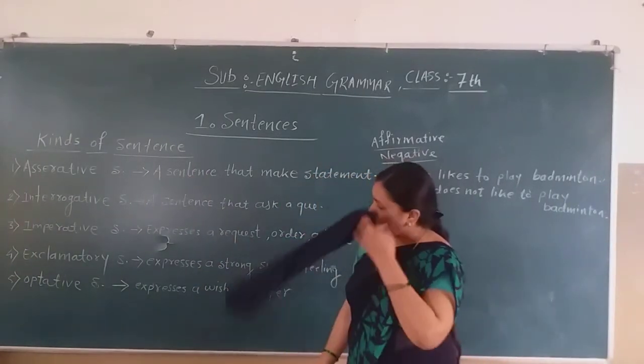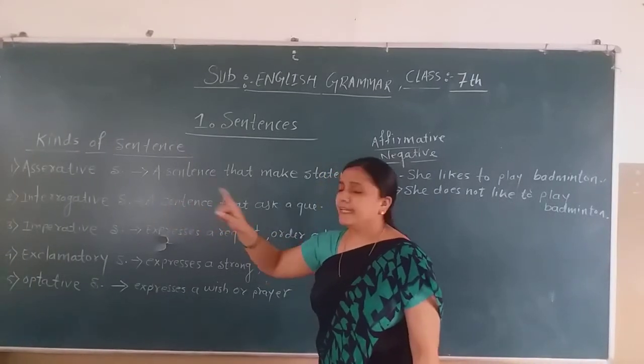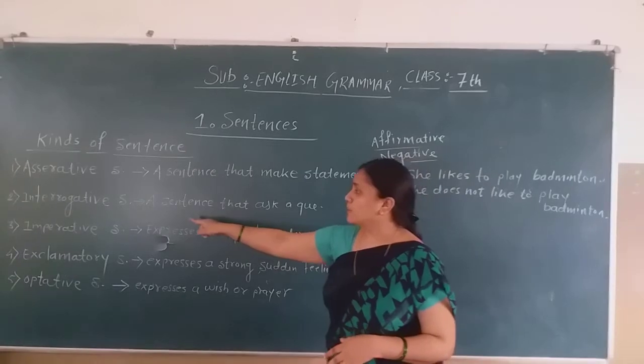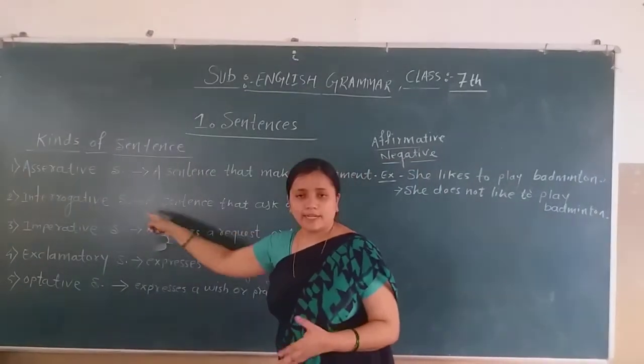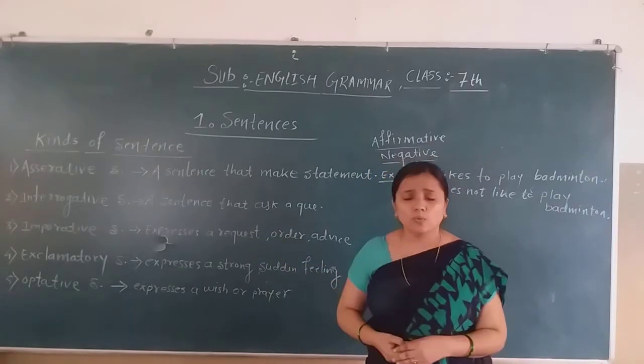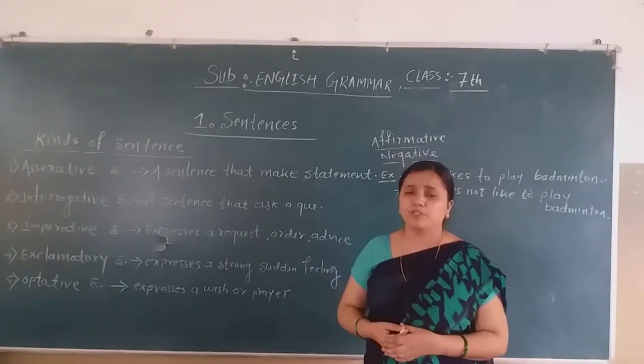Now let me see the next one. The next kind of sentence is interrogative sentence. You all are familiar with this kind of sentence. Interrogative, a sentence that asks a question, जिसमें question पूछा जाता है.